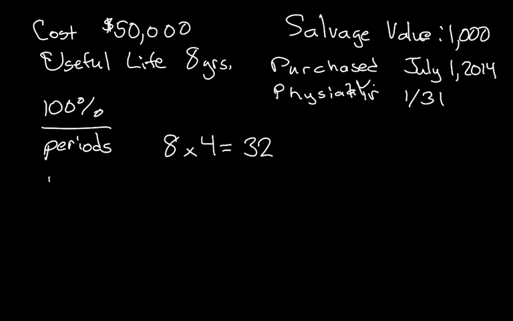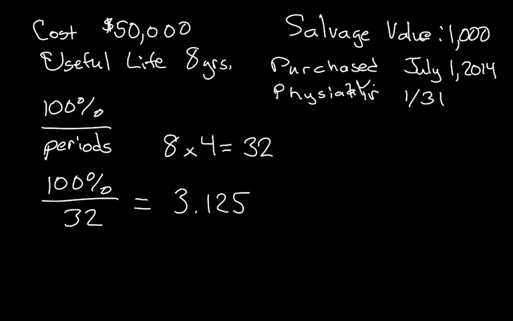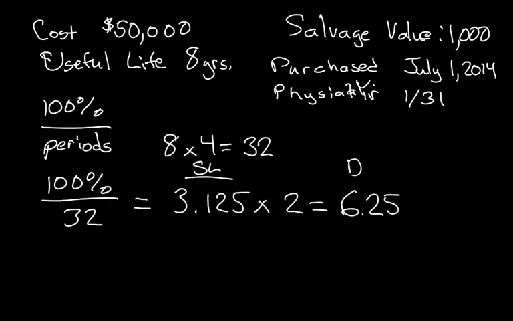So we take that 100% divided by the 32 periods, and we get 3.125. Now that's the straight line number. In order to get double declining, we're going to double that, or multiply it by 2, right? So we get 6.25. And this is the double declining number.